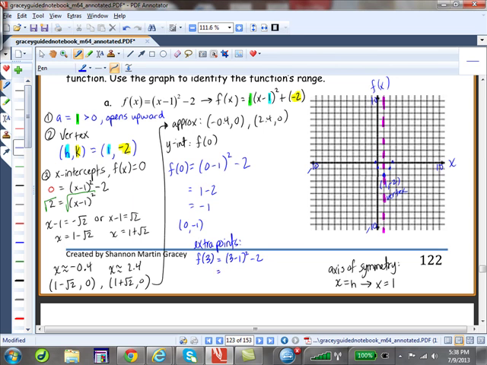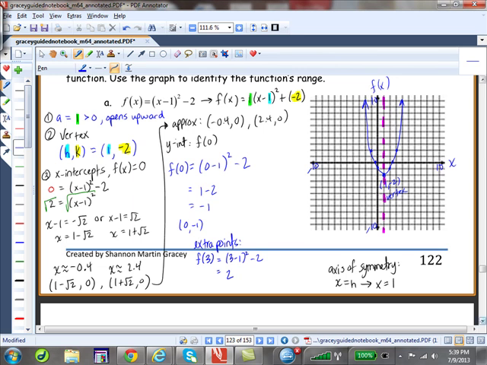So 3 minus 1 is 2, 2 squared is 4, 4 minus 2 is 2. So we're going to get an ordered pair at 3, comma 2. Now that's 2 units away from the axis of symmetry, so by symmetry I'll get that ordered pair as well. And I think that's going to be enough. We'll go ahead and connect all these up. And we've got our parabola.